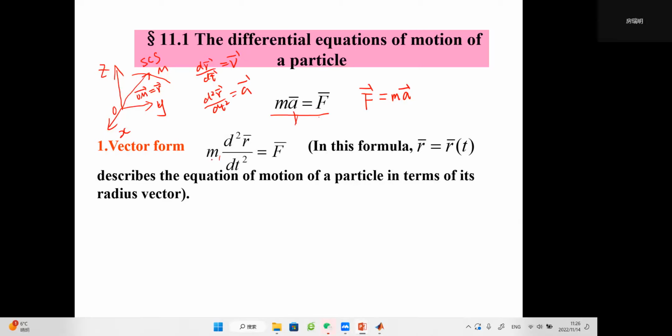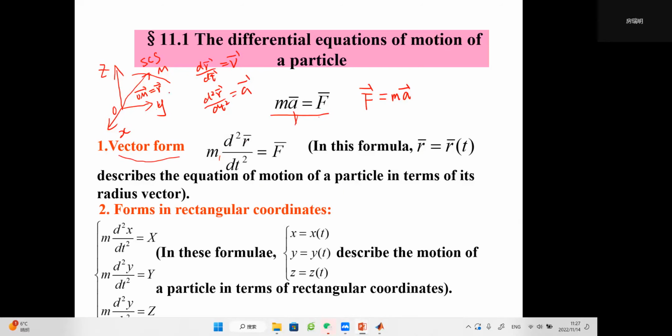So this is why we have this vector form: m d squared r over dt squared equals F. In this formula, r describes the equation of motion of a particle. Actually, it's the position vector. We have learned that before, right?